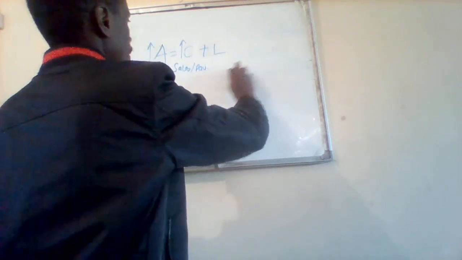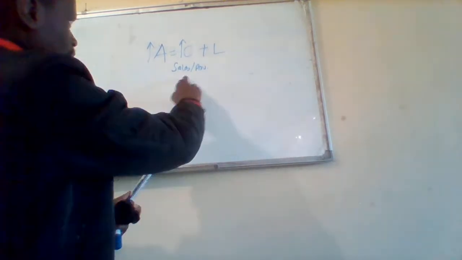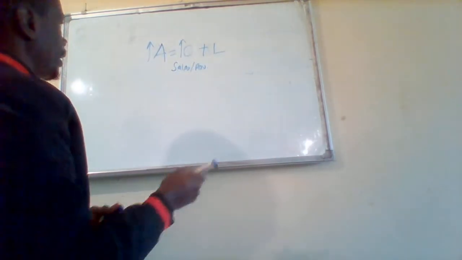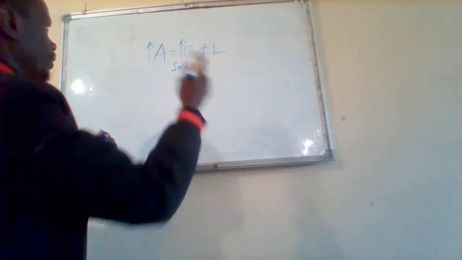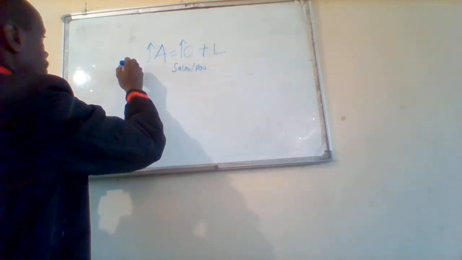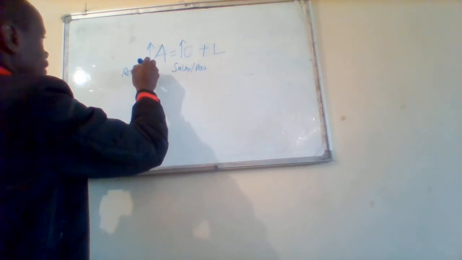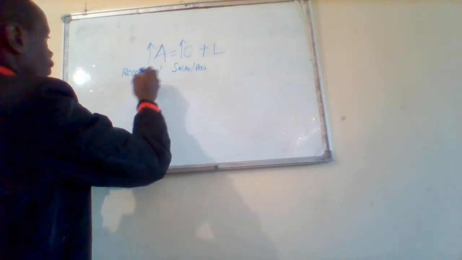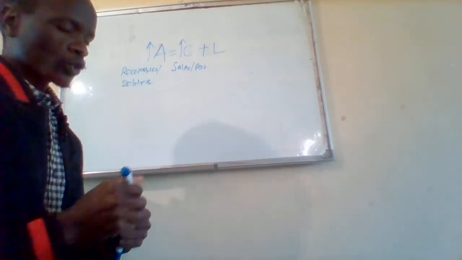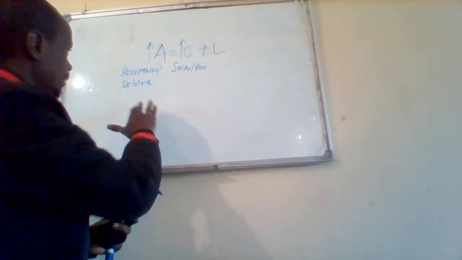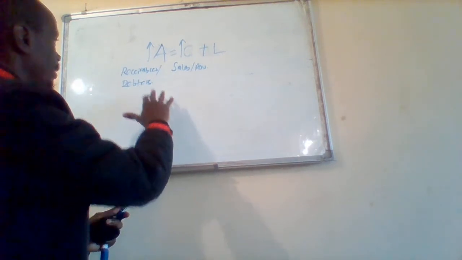Now, when you sell on credit, then sales will make capital go up, and the asset that will go up will be receivables or debtors. We used to call these debtors, but now we call them receivables.